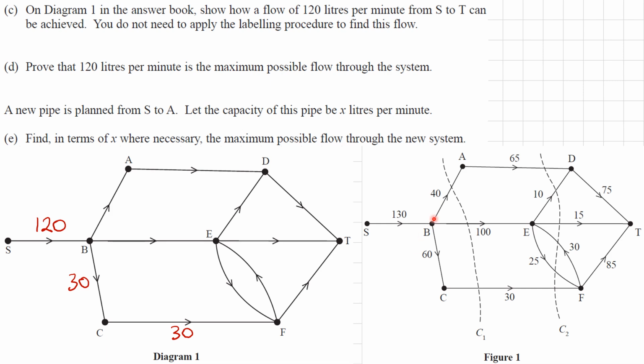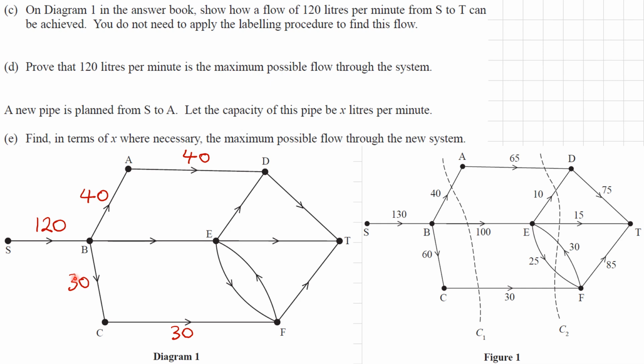And the same with this arc here, so I've got a maximum flow of 40 here, but I can go up to 65, so I'm limited really from A to D by a maximum of 40, so I'll put 40 there, which gives me a sum of 70 so far.